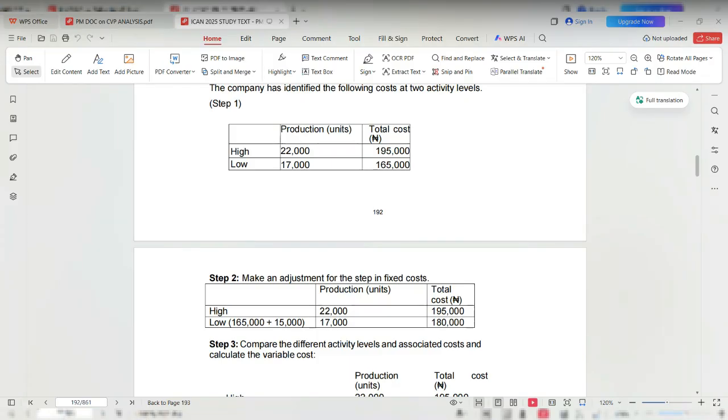We now have y equals, what's our formula again? Y is equal to a plus bx. Then let us use, which one should we use, high or low? Let's use low.